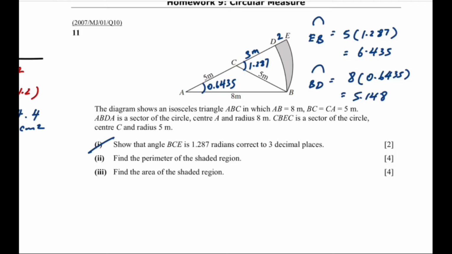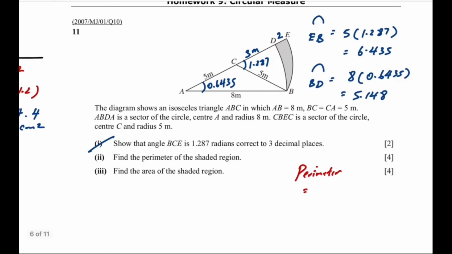Perimeter of the shaded region. Two plus 6.435 plus 5.148 equals 13.583 meter.